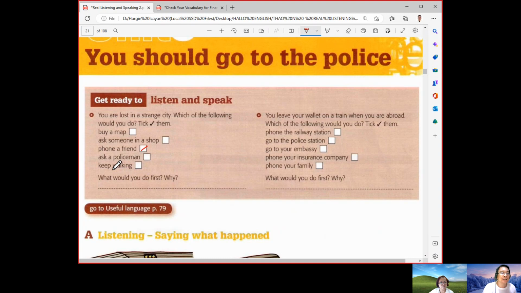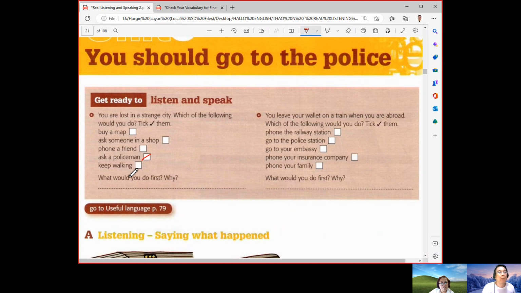Go to police? Phone a friend. Is that yes or no? No. Okay, so we have to erase that. Next, are you going to ask a policeman if you are lost in a strange city? So are you going to ask a policeman?